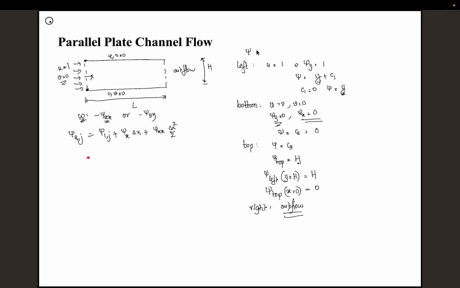From this I can write the equation for omega. Psi x is minus v. Here v is 0, so I don't have anything there. Similarly for all the other boundaries you can write.